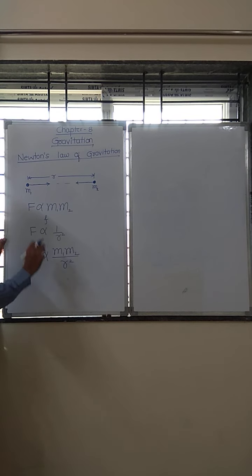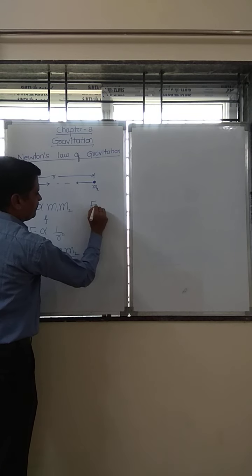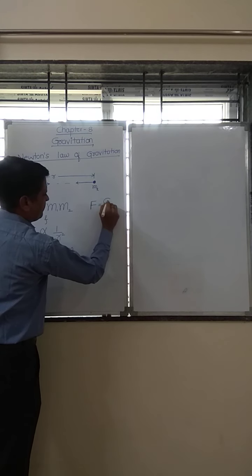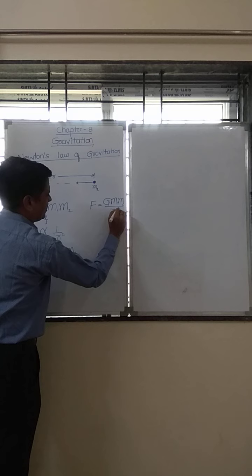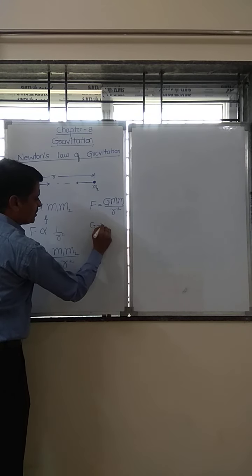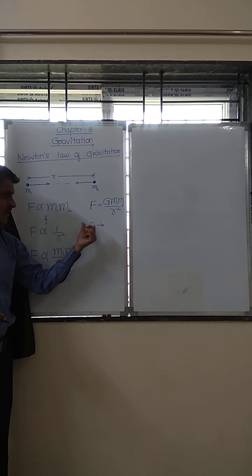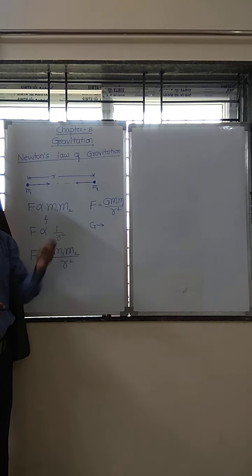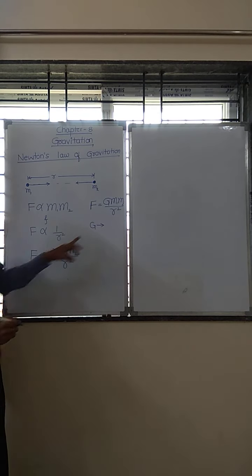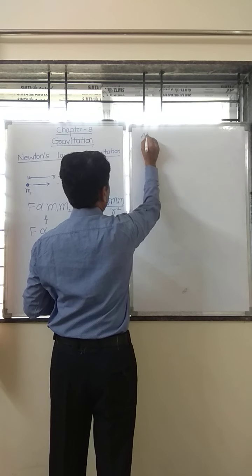To remove this proportionality sign, we can add a constant called G. F equals G M1 M2 divided by R square, where G is called the proportionality constant and it is named the universal gravitational constant. Let's see about G.